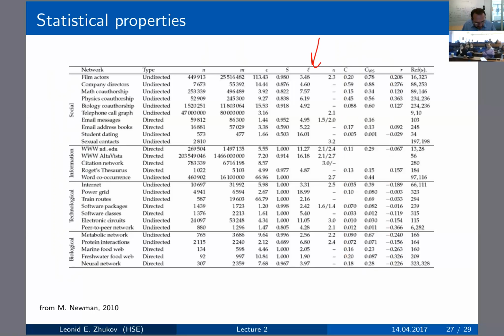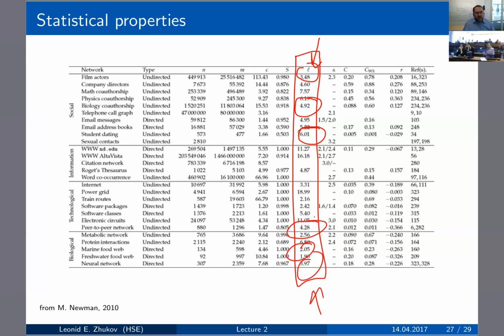Finally, right here, there's the average path length. Some of the graphs have very small path lengths, 3.4, and some larger. Now, this dating graph is pretty large. The peer-to-peer network is 4.2, 3. And this is an example of the small world problem. Remember, we talked about small path lengths, small graph diameter, being the small world, the six degrees of separation.